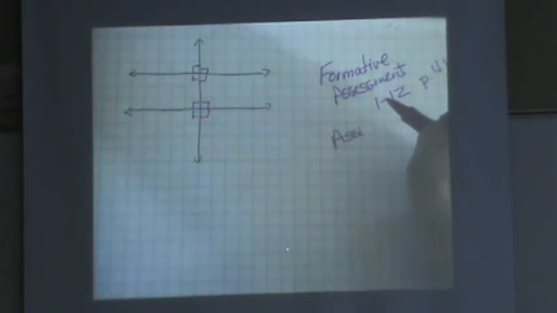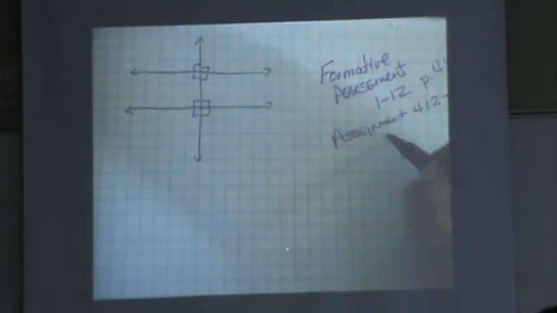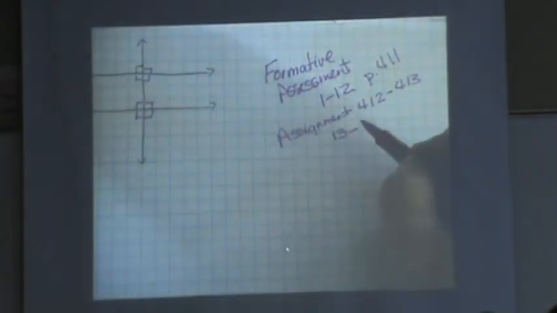It may be all for a grade. This is our homework. Is that page 41? No, page 411. Then 412 through 413, numbers 13 through 30.